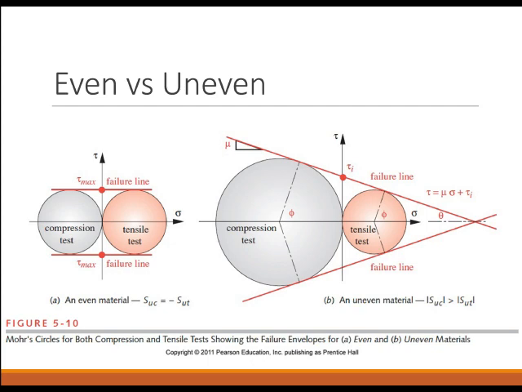You can put as much weight as you want on it in compression, but you can't put a lot of weight on it in tension. Notice that the maximum shear for the two of them is no longer a constant between the two, but it is some sloping line that has to do with how different the ultimate tensile strength and the ultimate compressive strength are from each other.